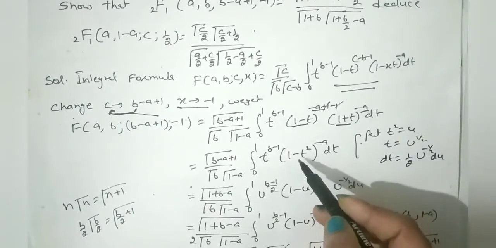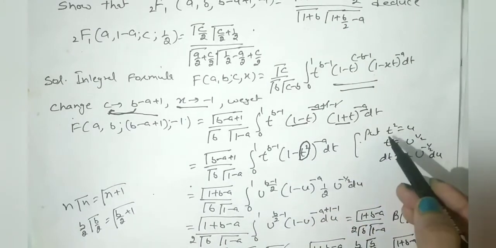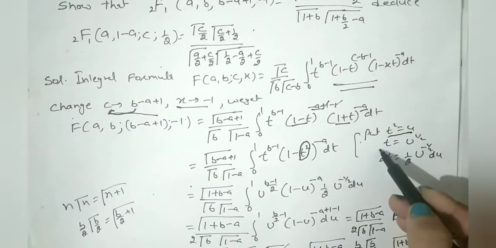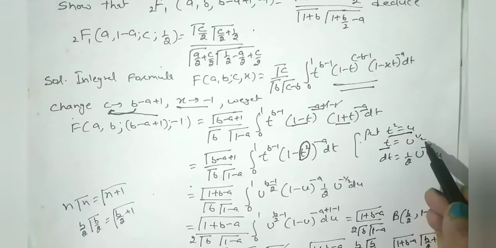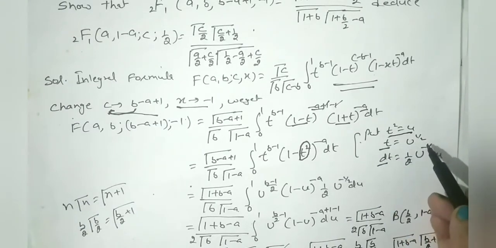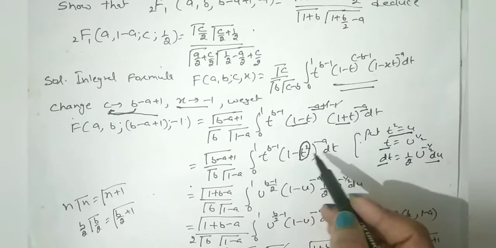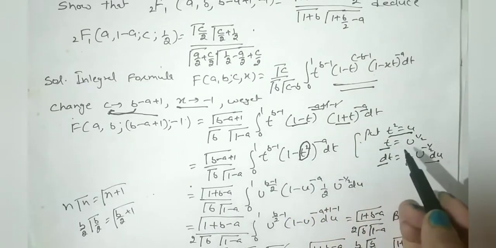Now to solve this, we are going to put t square as new variable u. So we put t square is equal to u, that will give you t is equal to u raised to power 1 by 2, and differentiating, dt will be 1 by 2 u raised to power minus 1 by 2 into du. Now we are going to replace all the variable t into u.